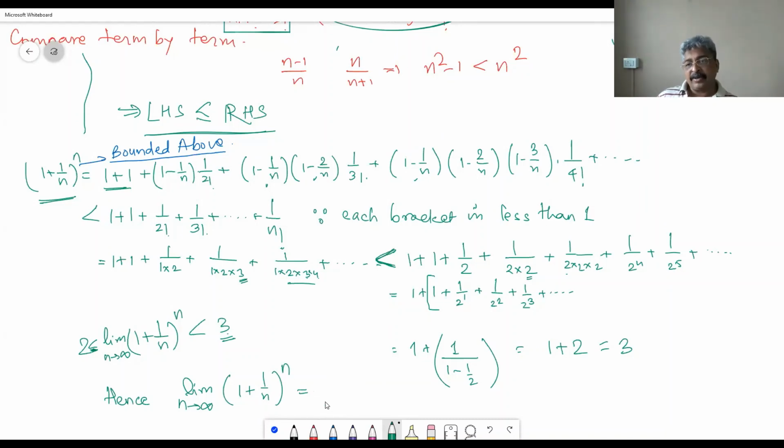Now this L, the new name which we are giving to this L, is your new invariant, the last invariant in mathematics which you are not aware of, which is E. This is the value of E. So E is an irrational number between 2 and 3.